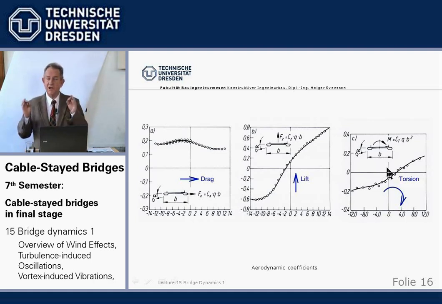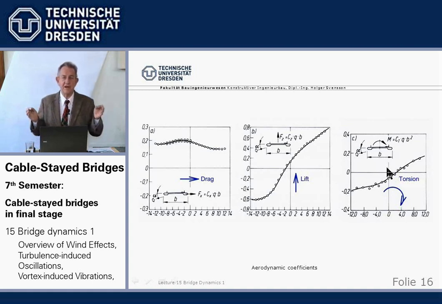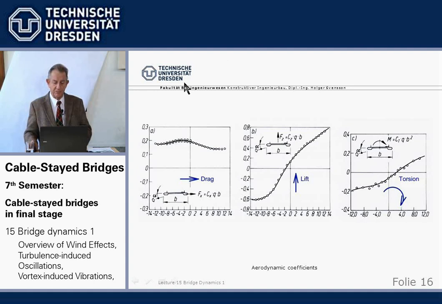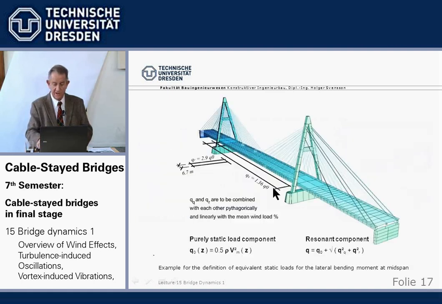So we have these three forces acting on the beam from wind, very important. We have the horizontal, the drag, we have the vertical, the lift, and we have the torsion. For, say, sizing of a bridge, mainly we look into drag, but for dynamic phenomena, all three are equally important.